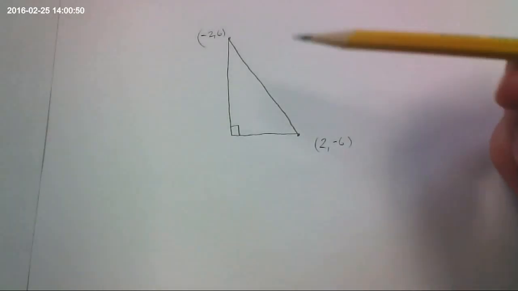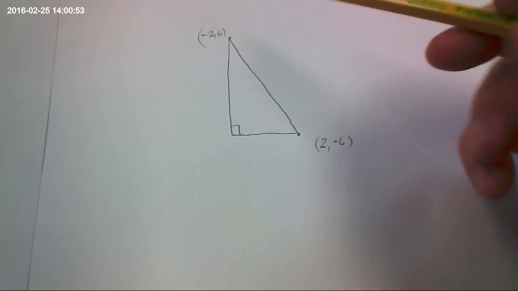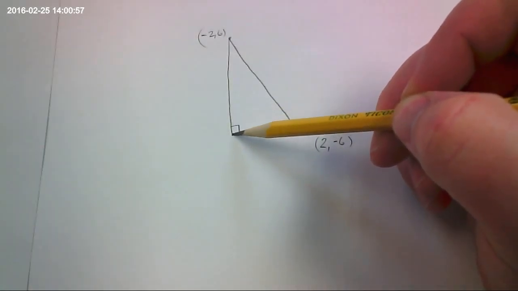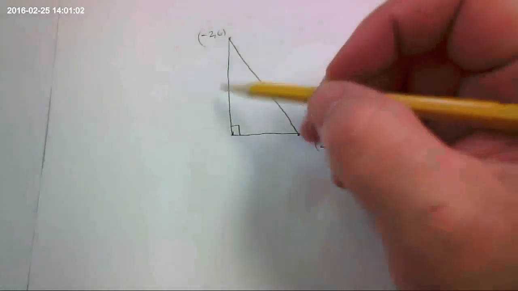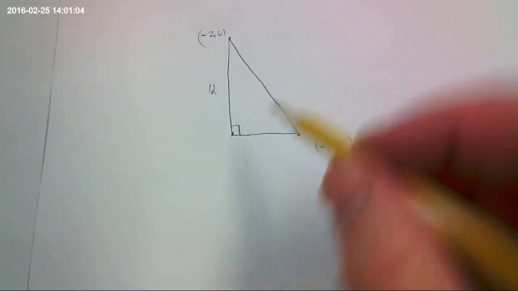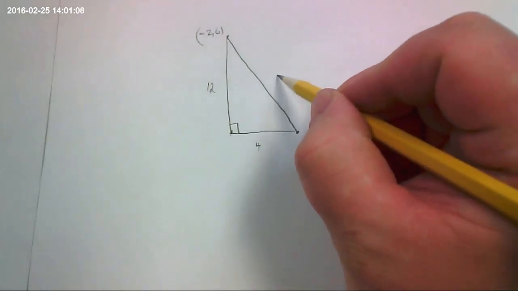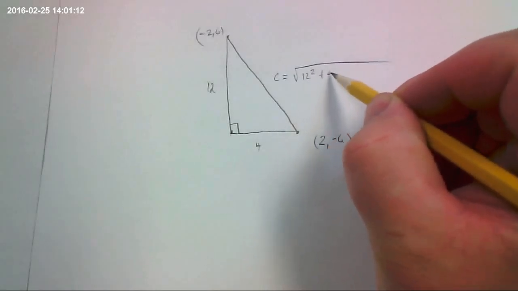Okay, so anyway, check this out. Do you see how I did this? So how far would it be from here to here? Because you can count that. 12. Because if you go from 6 to -6, that's 12. And how far across from here to here? 4. So C is going to be the square root of 12 squared plus 4 squared.